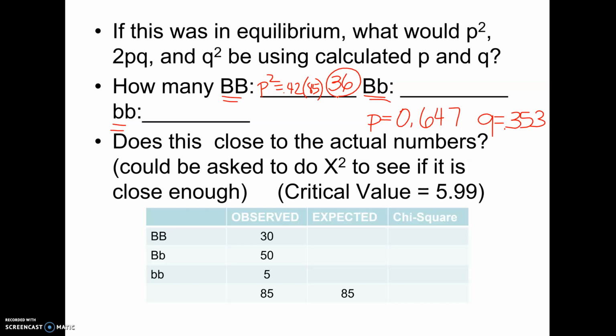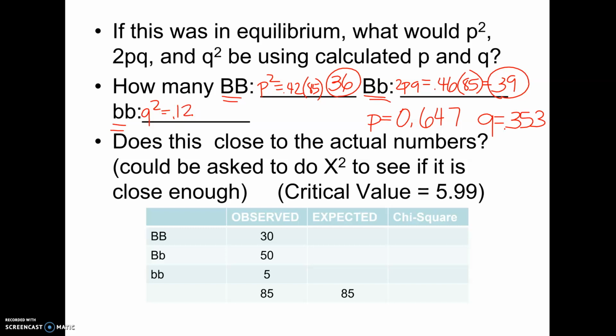For 2PQ, big B, little b, I'm going to do 2 times P times Q. That's going to give me 0.46. And then if I multiply that times the number in my population, I'm going to get an expected 39 big B, little b. And then Q squared, taking the Q that I know to be accurate, is going to be 0.12.